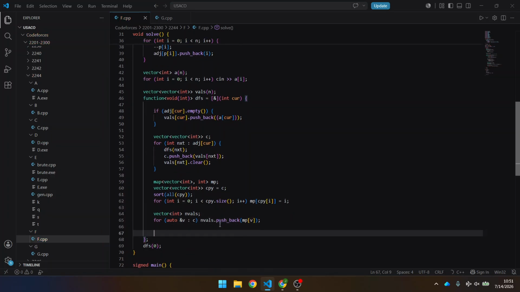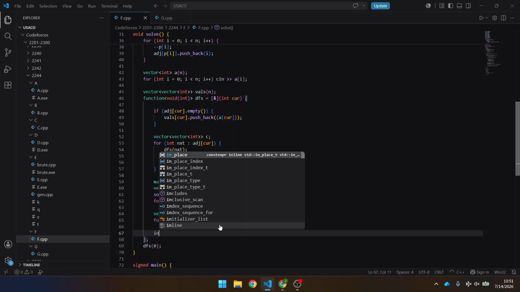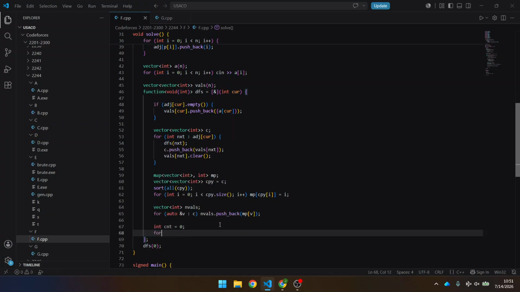Okay, so now we're just asking if it can be sorted, right? For any value, it will be 2, 3, for example, 2, 3, 0, 1. Basically, two of the values will be non-increasing. That's it. So, int CNT is equal to 0.